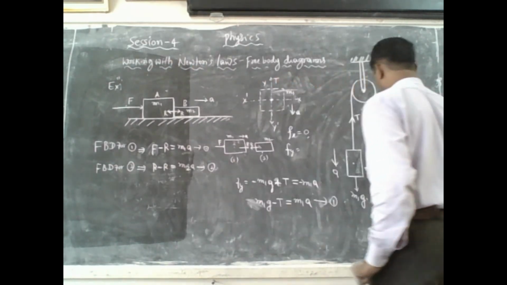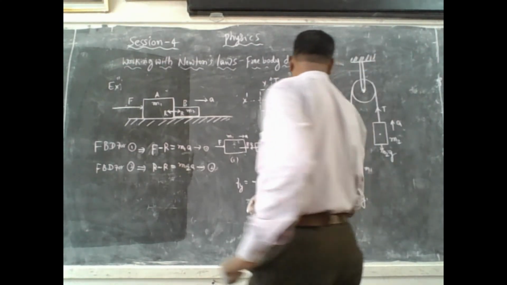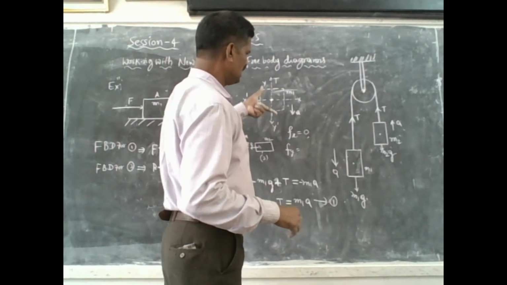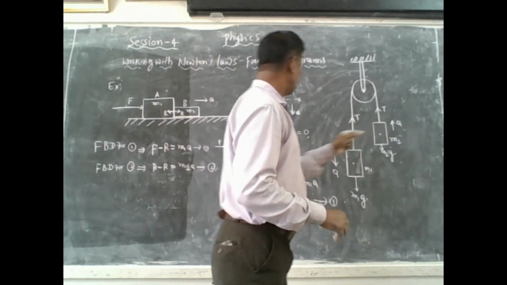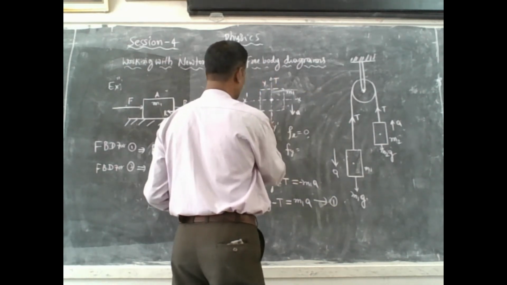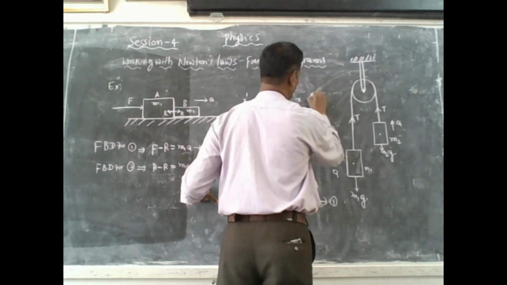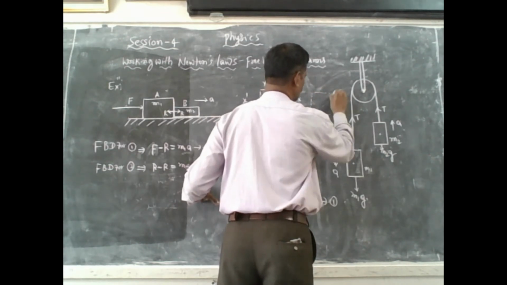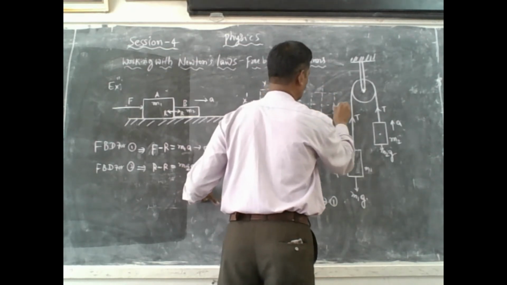For equation M2 mass. So here the force also is in y direction only. The x direction is 0. This is for mass M1 and this is for mass M2. I will also show you. This is the common point.